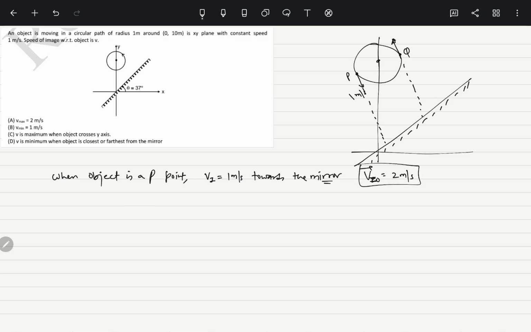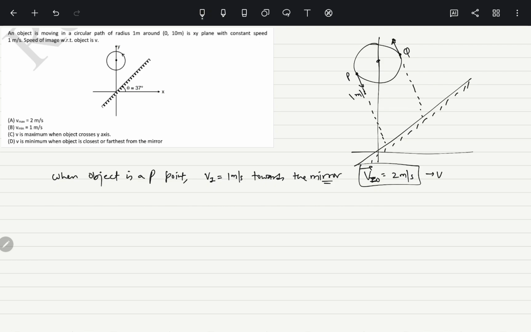Right. Now this is the speed of the image with respect to the object, and as per the question that is V. Now we can say that this speed will be maximum, because at each and every point on the circular path, the speed will not be 1 meter per second. Getting my point? The relative speed will be maximum when they are opposite to each other.